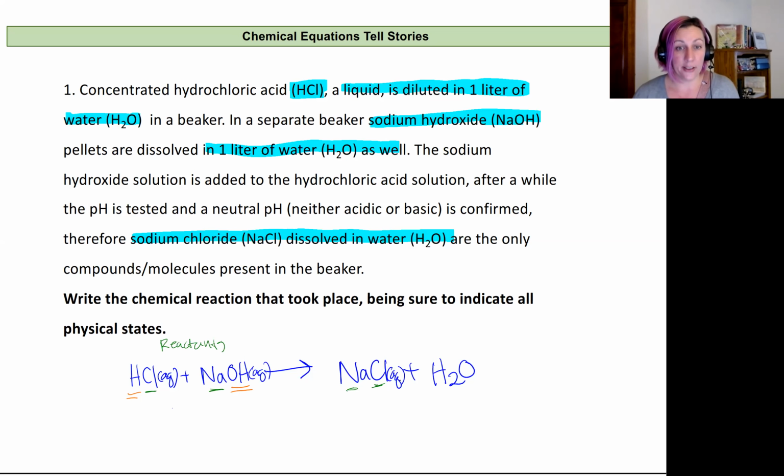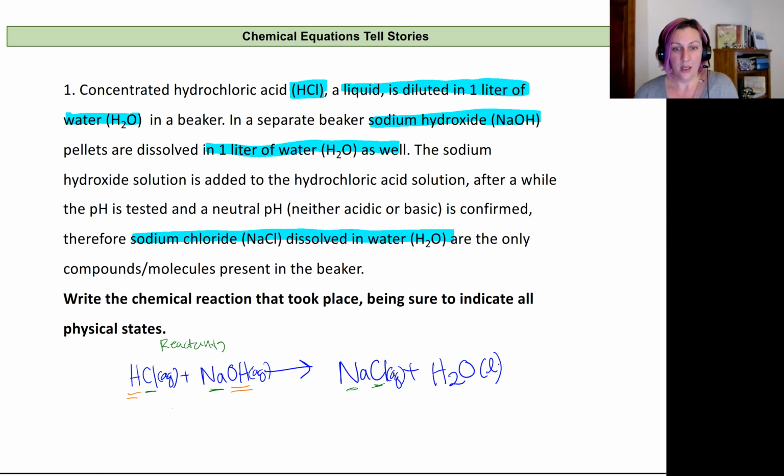And my water is created and it's surrounded by more water, but it's the solvent and it can't be the solute. So water dissolved in water is just more water. And so it can't ever have the designation aqueous because that means to be dissolved in water. So in this case with the water, I'll make the designation for the physical state liquid.